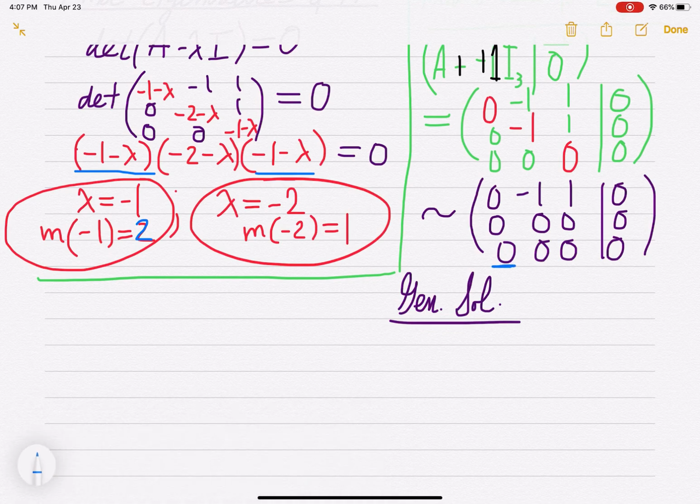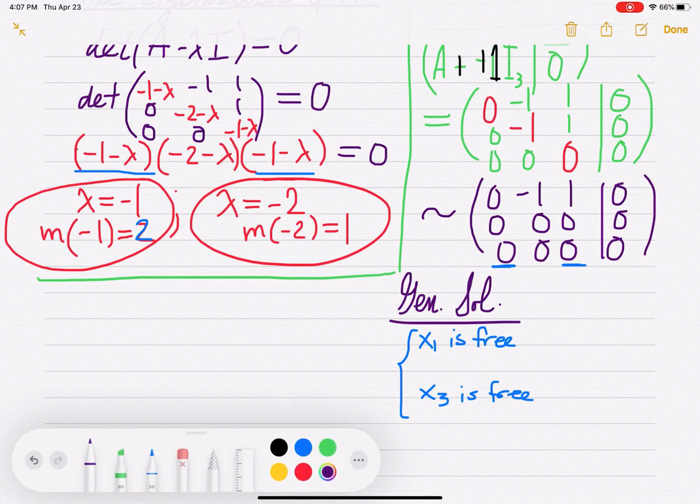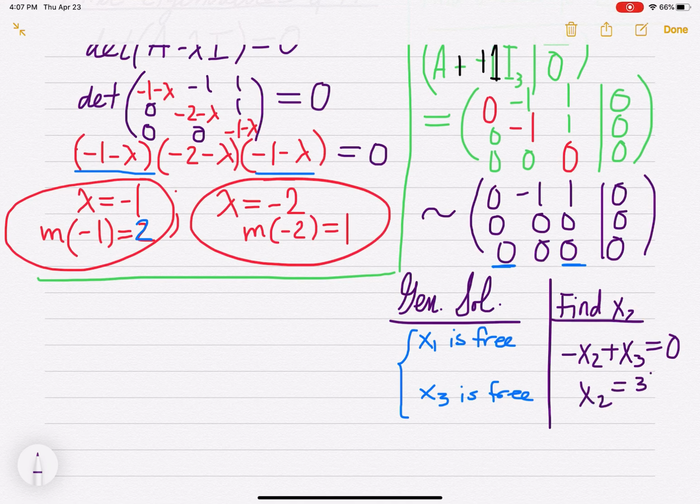Actually, x1 and x3 are going to be free here. It's kind of unusual to see the x1 free. It doesn't happen often. x3 free is not unusual. And then we're going to find x2 in terms of x3. We got negative x2 plus x3 equals 0. That's going to give us x2 equals x3.